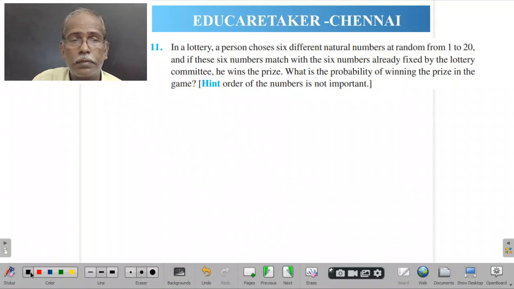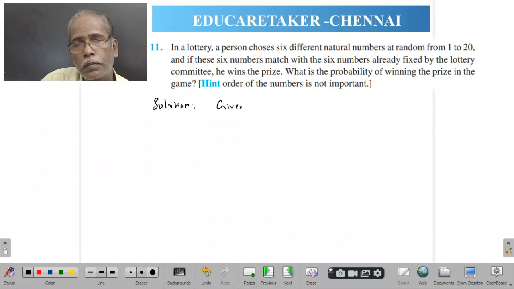Listen. The given numbers are from 1 to 20, there are 20 numbers.